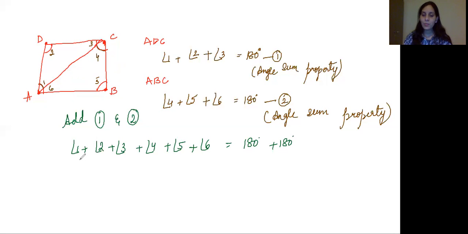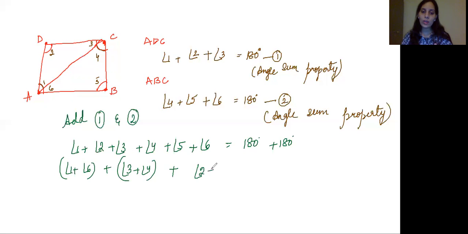So in my next step also, I'm going to write them together. Like 1 and 6, and we can see 3 and 4 are together. Correct? You'll understand why. And what are the left out ones? Angle 2 and angle 5. And 180 plus 180 is 360 degrees.